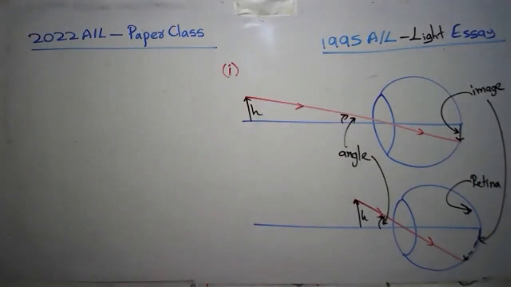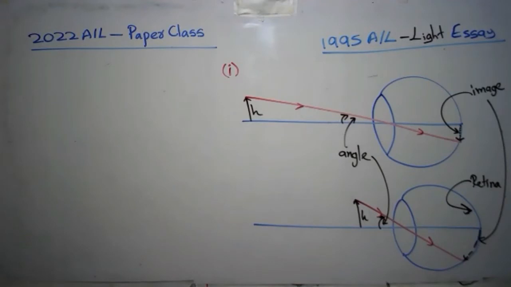A student constructed a refracting telescope using a cardboard tube and two convex lenses of focal length 100 centimeter and 20 centimeter. He observed the image of a distant building with the telescope in normal adjustment.